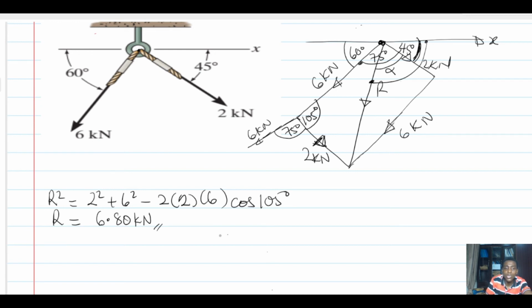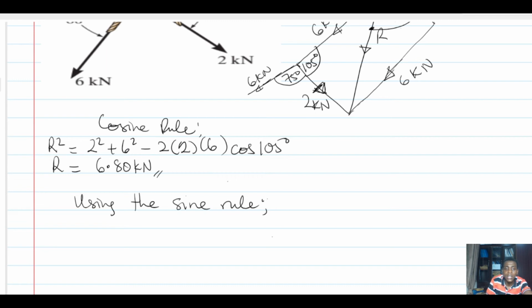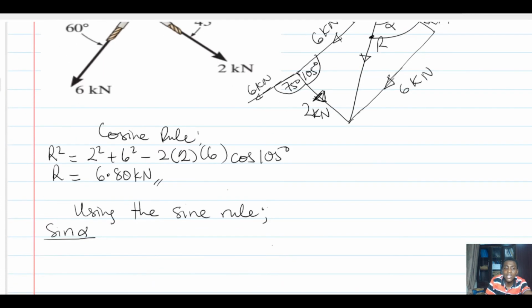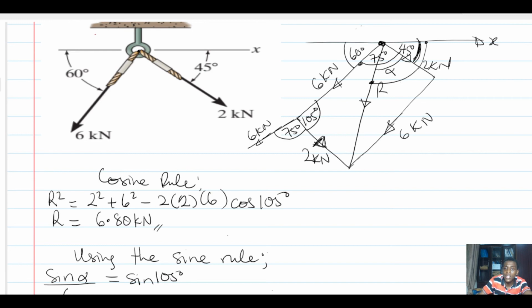Using the sine rule, I can say that sine alpha divided by the side opposite to alpha, which is 6, should be equal to sine 105 divided by R. As a matter of fact, this angle is also going to be 105.